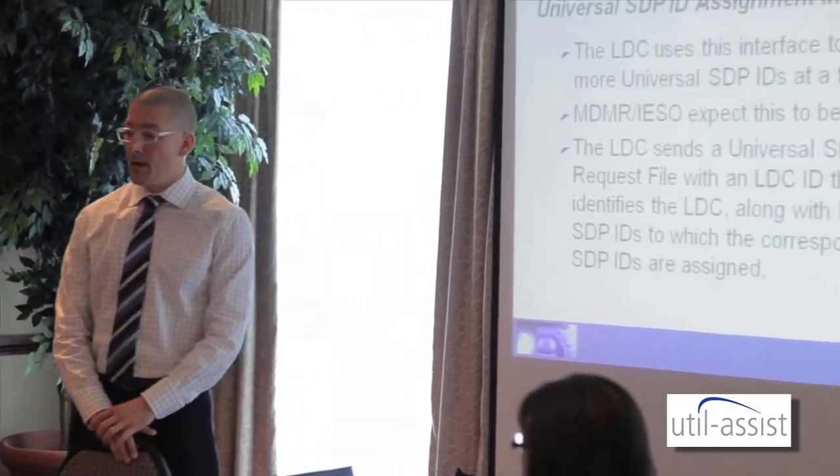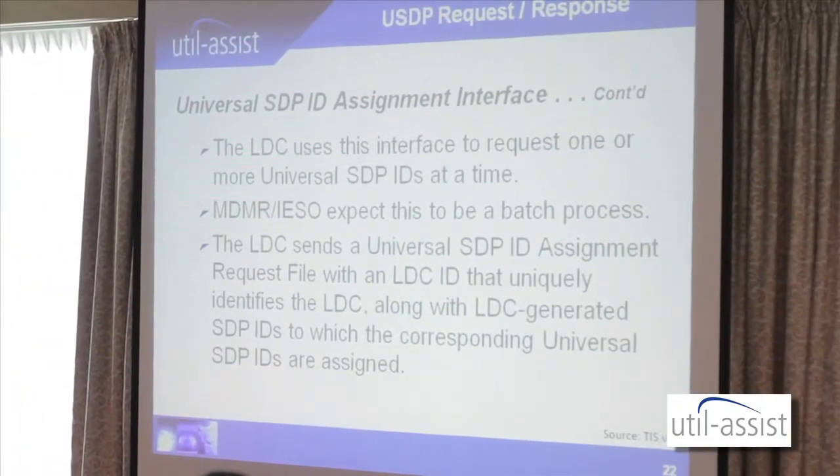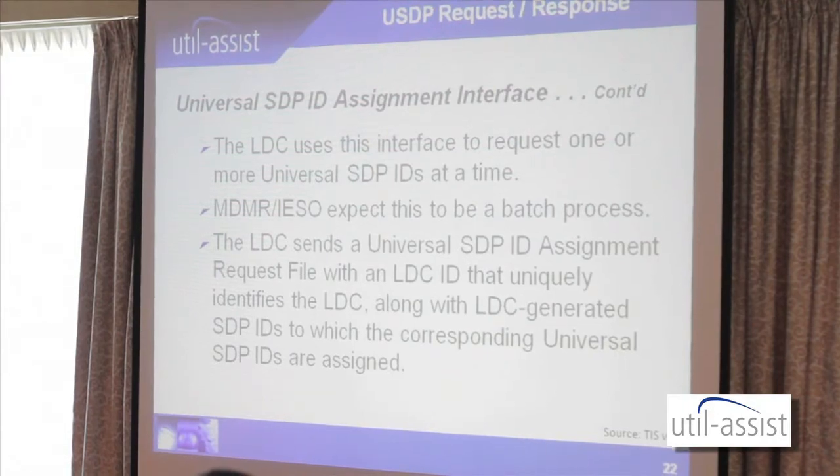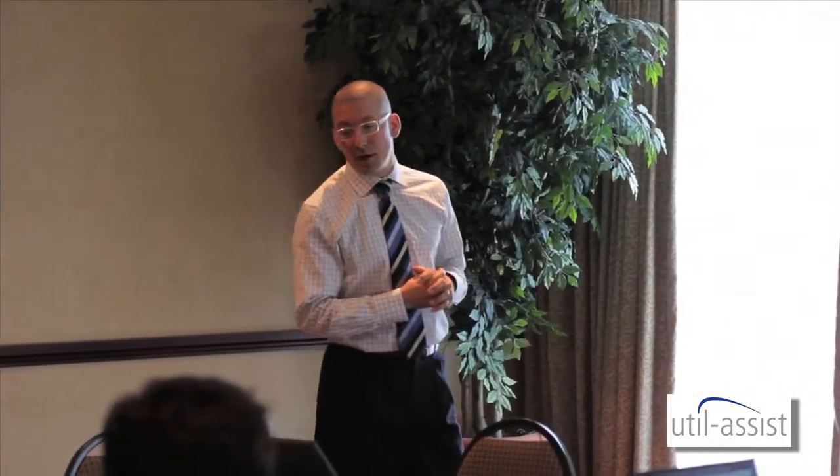So you can use the interface to request one or more USDP IDs at a time. The MDMR loosely expects this to be a batch process. They never originally documented this expectation to be a batch process. Some utilities started to request them one at a time, and then they made it a little bit more specific in the documentation that they wanted this to be a batch process.